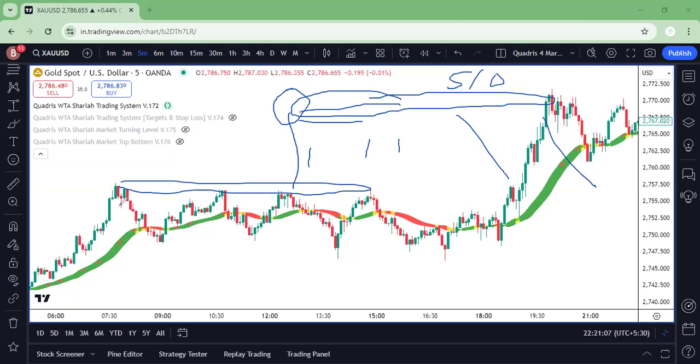But see, initially this was high volume supply, but later on, was there any high volume supply taking place? No, there was only price coming back. And if you apply a low volume supply to it, then it will make things more clear to you.